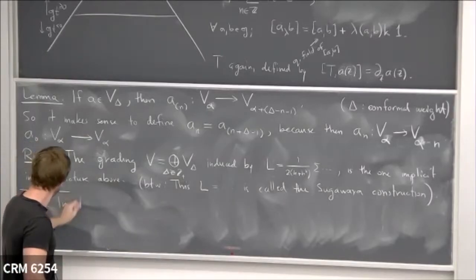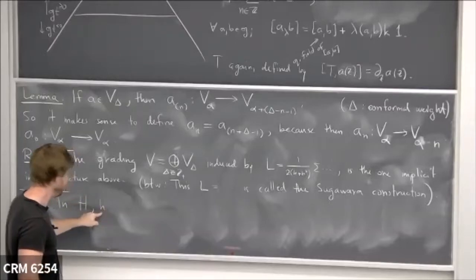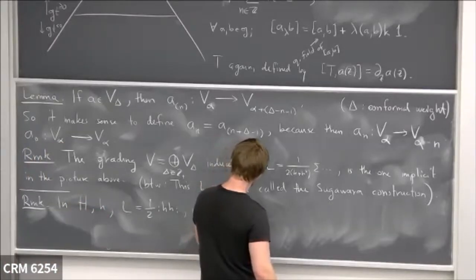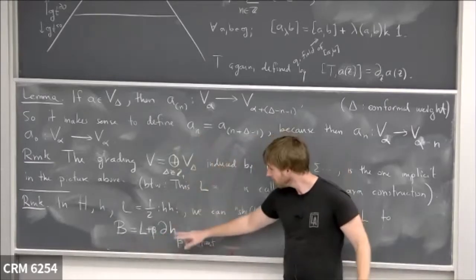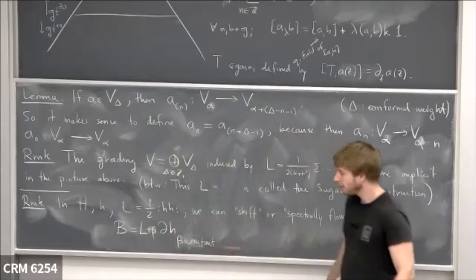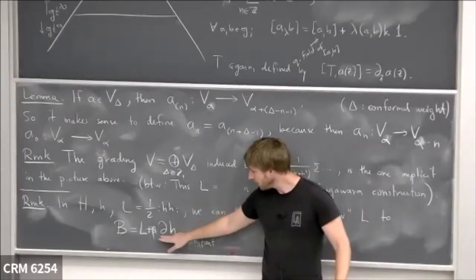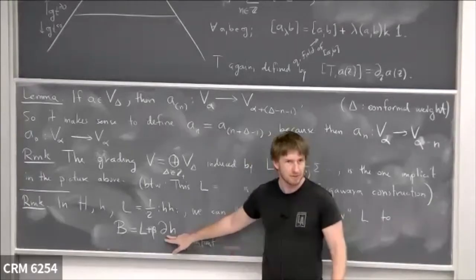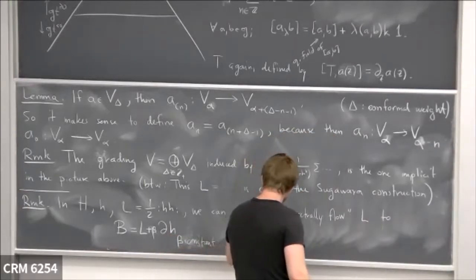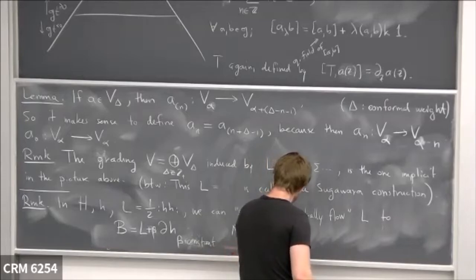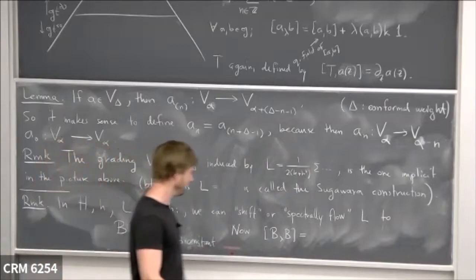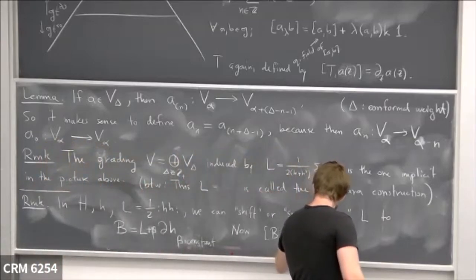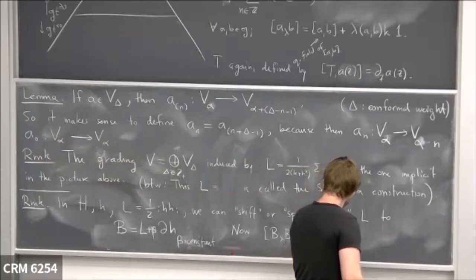Remark: in H, with that field H from last time, we could take that standard Virasoro vector from last time and add on any multiple of the derivative of H. This is again a Virasoro vector. Then there's a computation you can do with the non-commutative Wick formula, and you get ∂B plus 2λB plus λ^3 over 12.